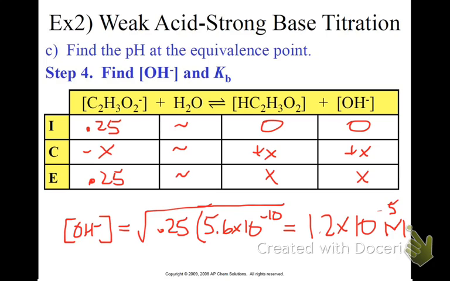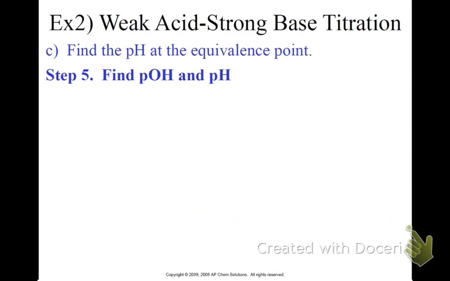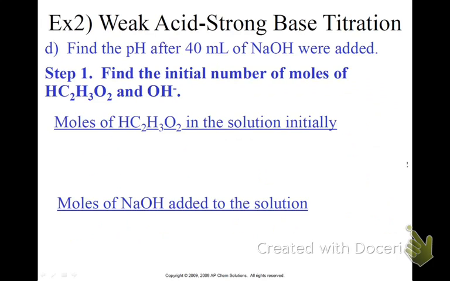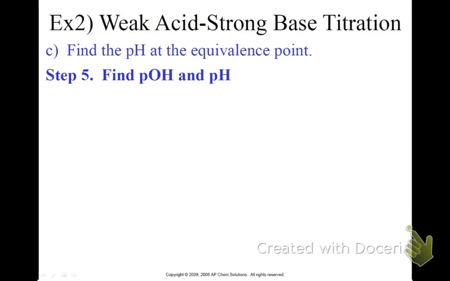So now that we have that value, we can use that to calculate the pH for the solution at this point. And to find the pH, we're going to need to find the pOH first. So let's take the negative log of that OH concentration, which would have been 1.2 times 10 to the negative 5th.